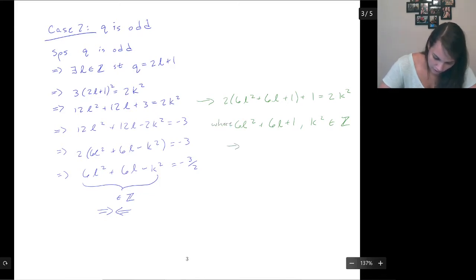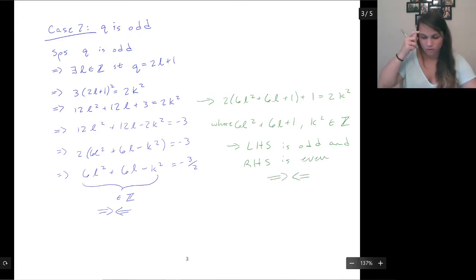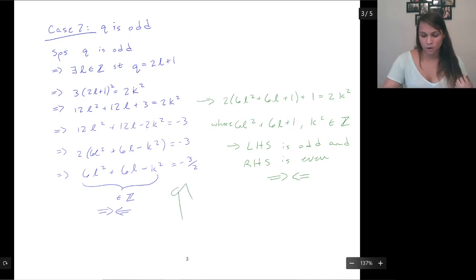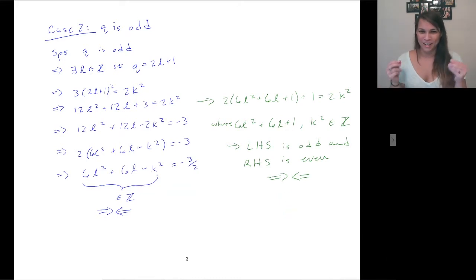So then left-hand side is odd, and right-hand side is even. Contradiction. Okay, there's no right method for picking between going at it like that and going at it like that. Whatever your brain sees, just as long as you reach a contradiction that follows from taking logic steps.